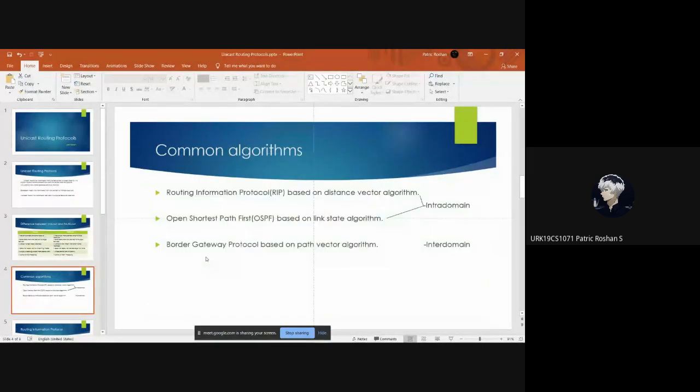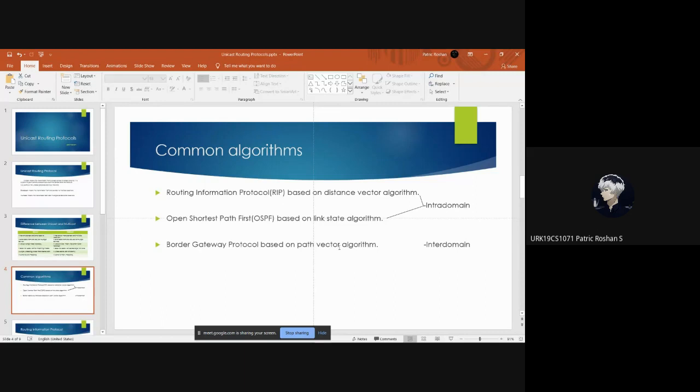These three are the common algorithms used in unicast routing protocols. The first one is Routing Information Protocol, that is the RIP protocol, which is based on the distance vector algorithm. The distance vector algorithm transmits its distance vector to each of its neighbors in a routing packet and informs the neighbors about the topology periodically.